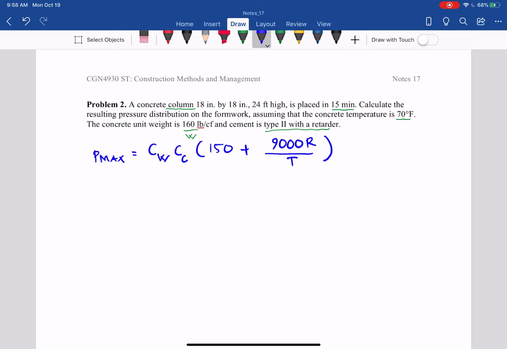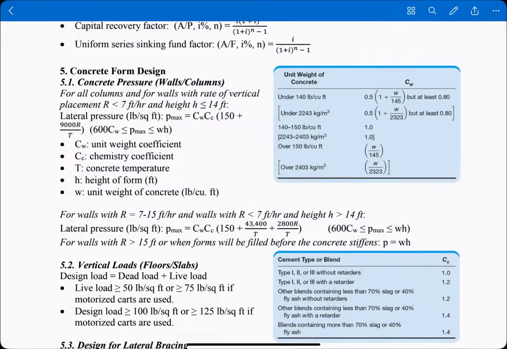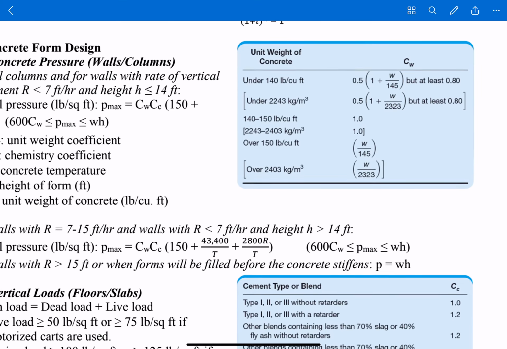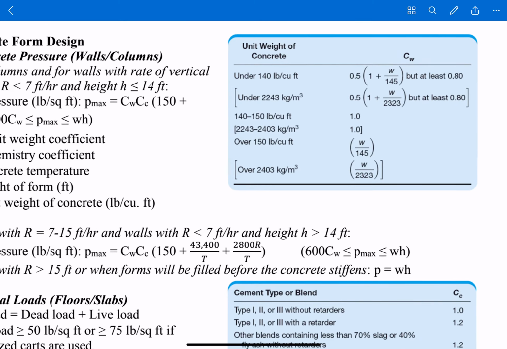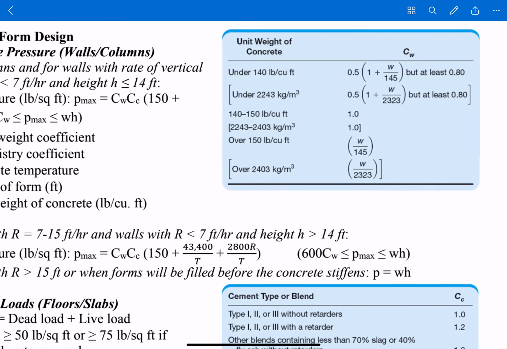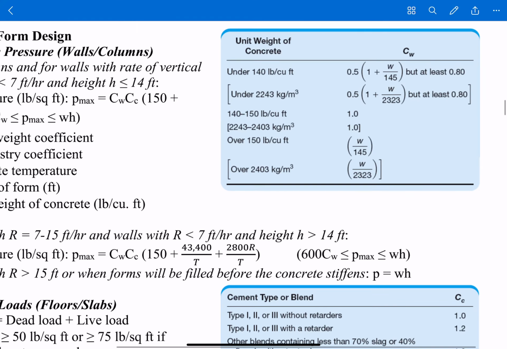We need to find out what is given. Of course we already have T, 70 degrees Fahrenheit. We need to find out C_W. What is C_W? You see 160 pounds per cubic foot, so go to the final exam reference. If it's over 150 pounds per cubic foot, C_W equals W divided by 145.